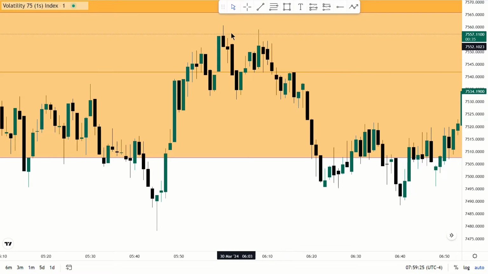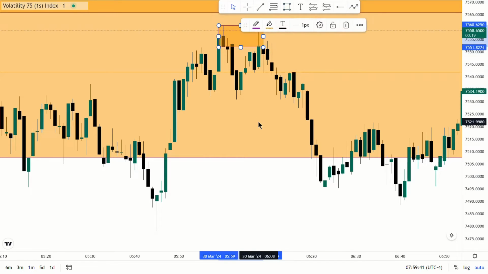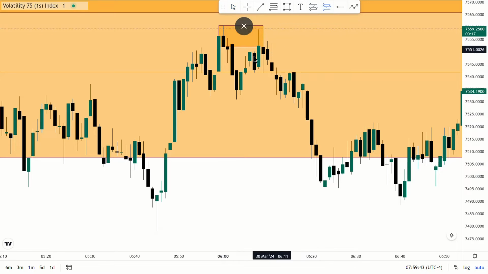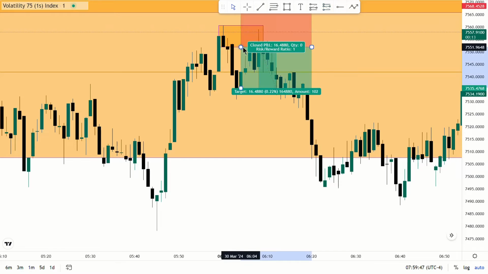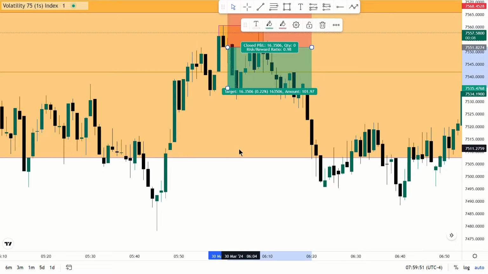There are only two trades here. I'm saying this again: when you enter here, it's a single candle order block right here. Let's just do this.